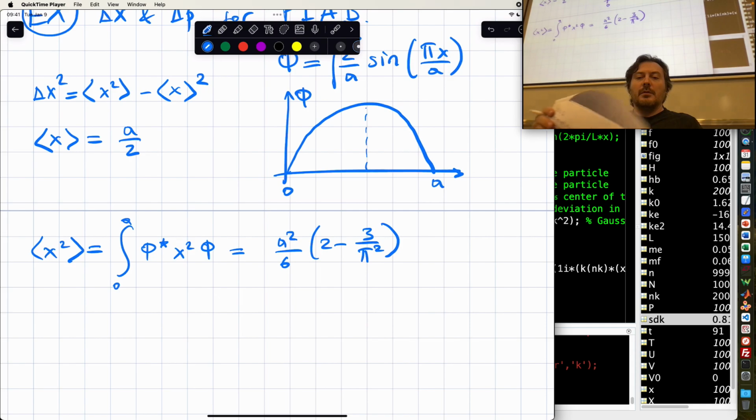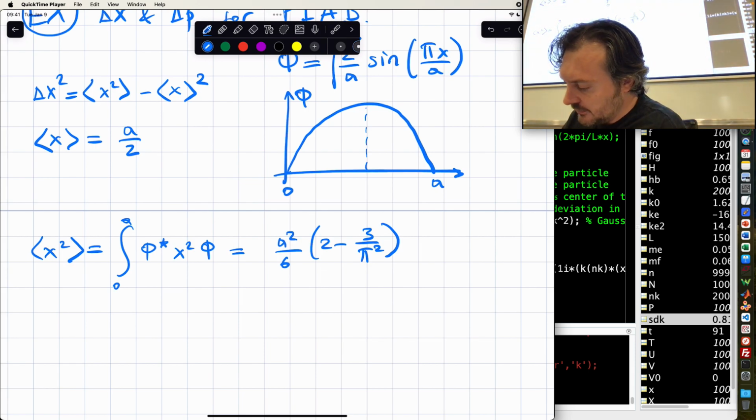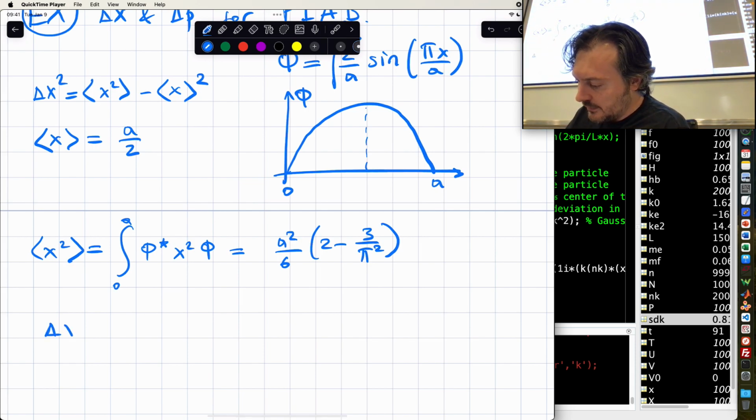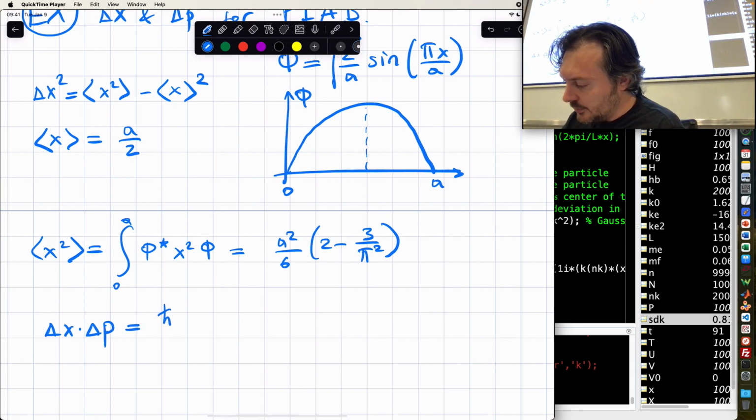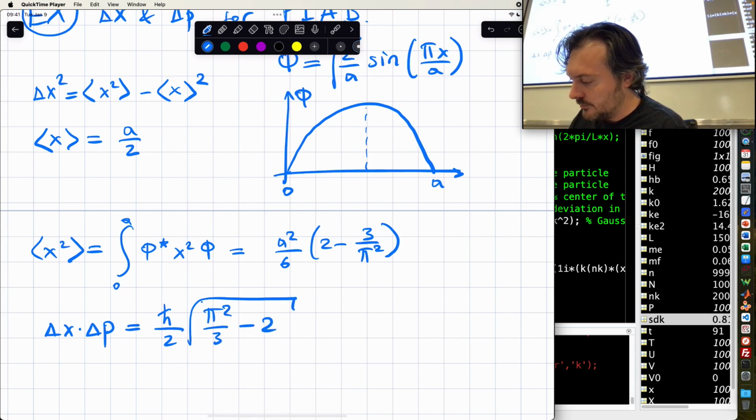And long story short, you keep doing it like that, and delta x times delta p comes out to be h bar over 2 times the square root of (pi squared over 3 minus 2).